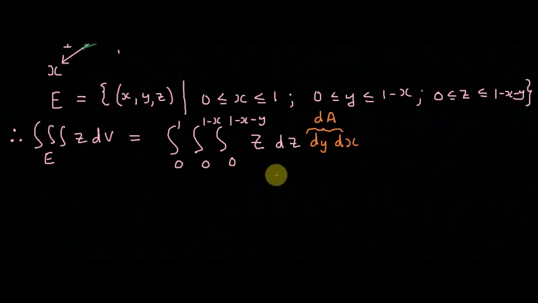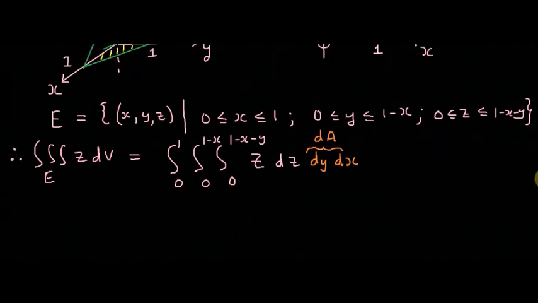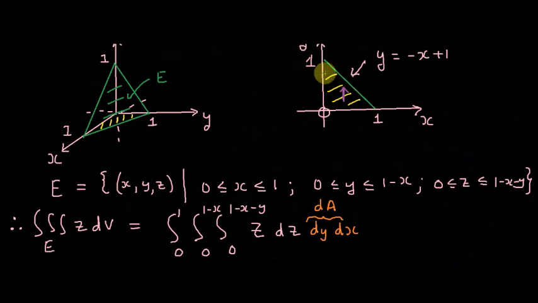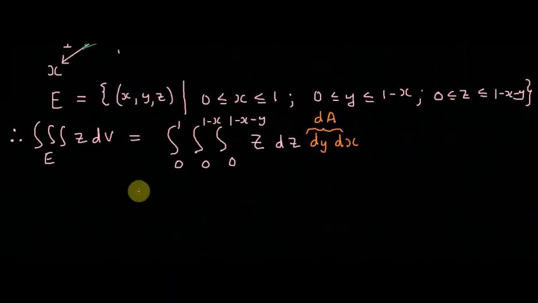Now, it should be clear that we don't have to use polar coordinates since we're dealing with a triangular region here and not a circle in the xy plane. So we can proceed to evaluate this as an iterated integral straight away.